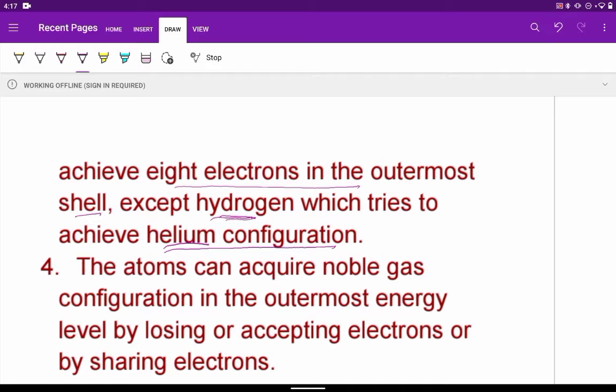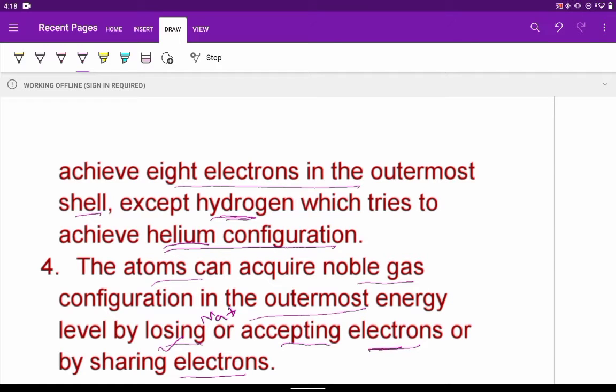The atoms can acquire noble gas configuration in their outermost energy level by either losing electrons or accepting electrons, or in some cases by sharing of electrons. Electron sharing is seen when covalent bonding takes place. Now the case of losing electron, I just have shown when the Na+ sodium ion formation takes place.